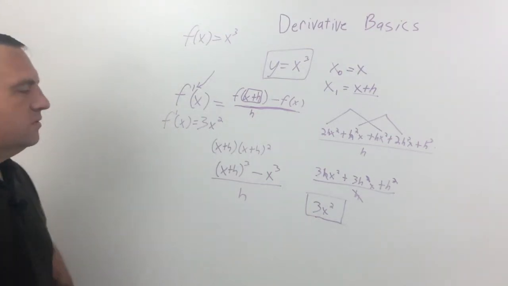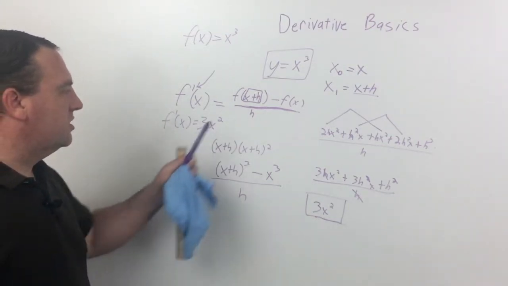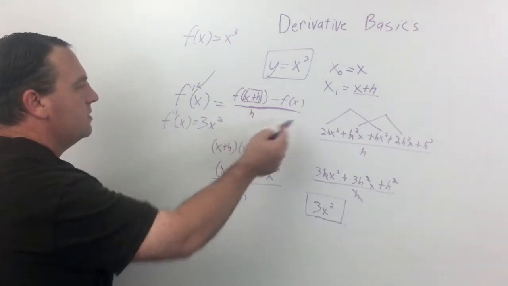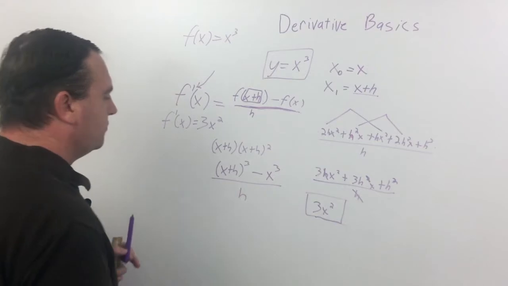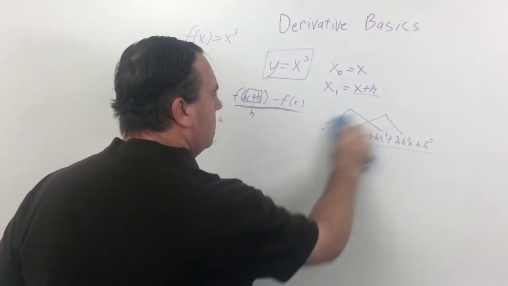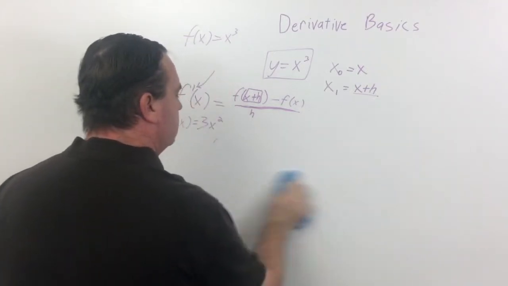Okay? So note that all of this just uses what we already know from algebra. We knew this formula for the slope. So let me remind you what our process was.